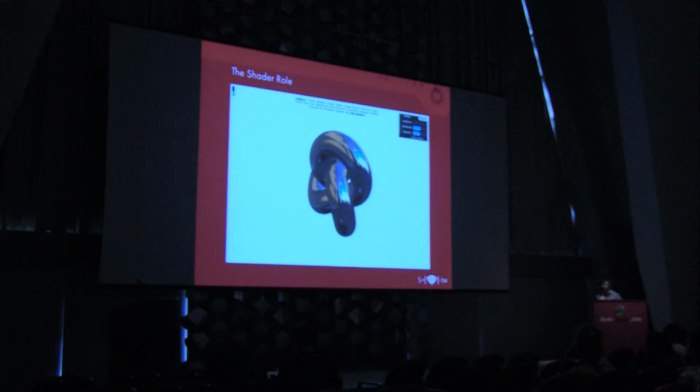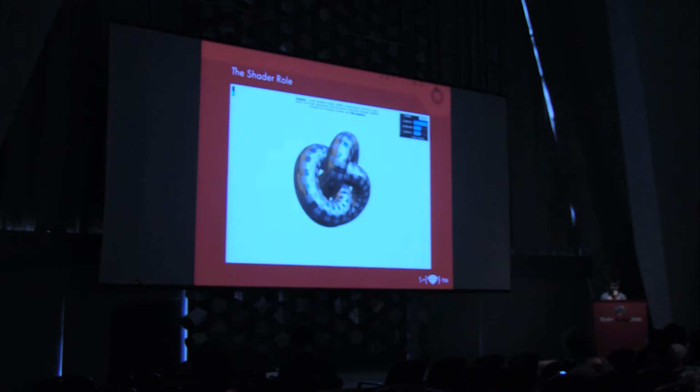Okay, so the shader, this is a screenshot from three.js. I adjusted the value. In this screenshot, the model's surface is very smooth. But when I change it, the surface is not smooth.